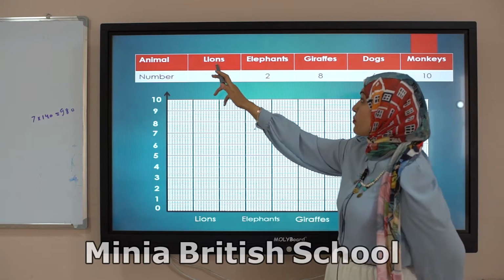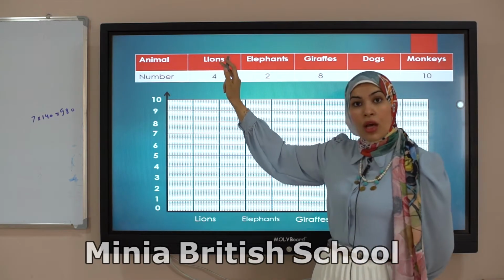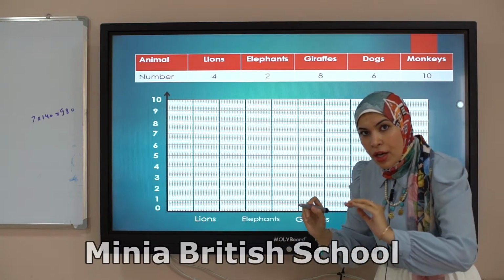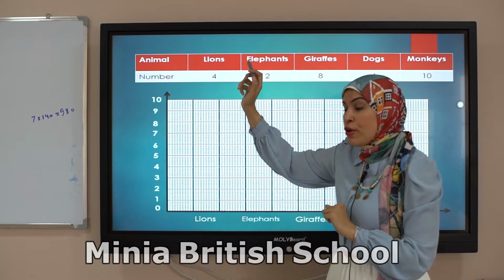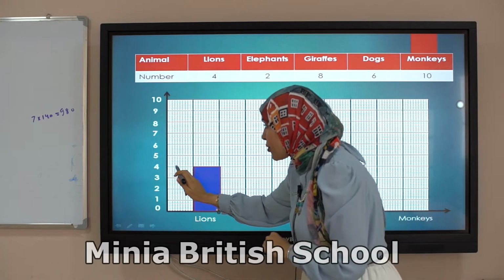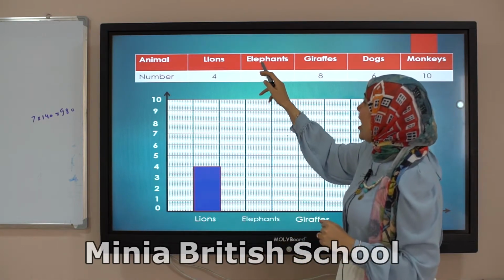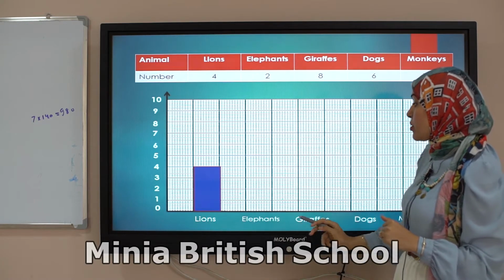Okay, here I have 4 lions. So I color from down to up until I reach number 4. So I look at lions and color to reach number 4. Okay, that's right.